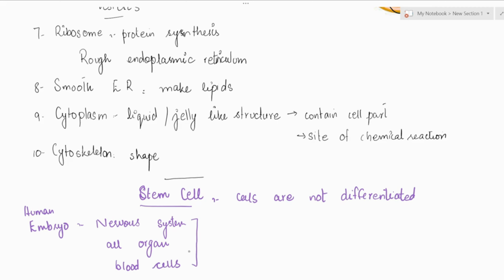Now these are the specialized cells, the differentiated cells. Differentiated means their structure and function is now different. So first of all, when there is an embryo, the cells are not differentiated, they are all the same. Further on, they transform into specialized cells, and this process is known as differentiation.